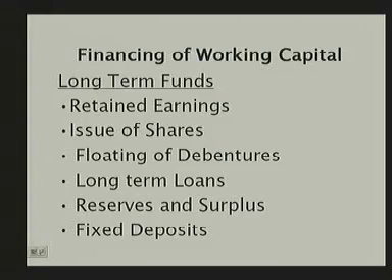So, just to recapitulate, we have short term funds. Under short term funds, you have internal sources such as depreciation funding, provision for taxation, and under external sources, we had different mechanisms such as trade credits, bank finances, factoring, forfeiting.